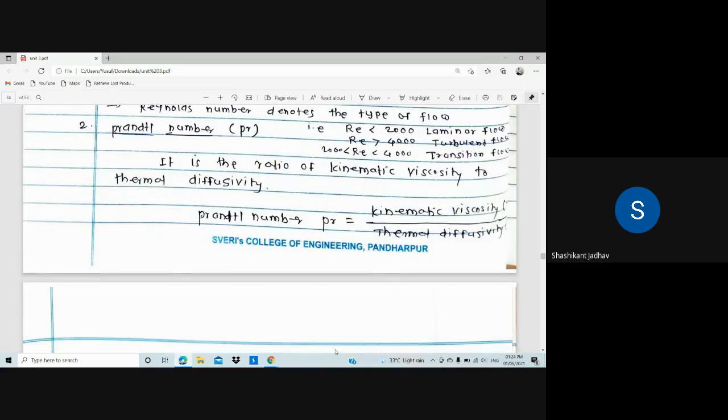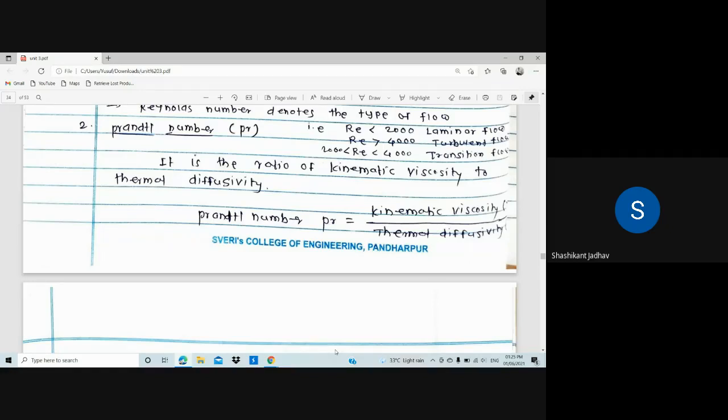Okay, then write down the second dimensionless number, that is Prandtl number, and it is denoted by Pr. And write down the definition of the Prandtl number.